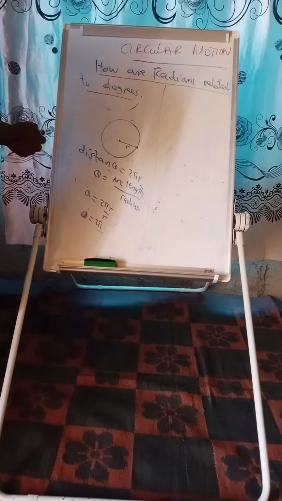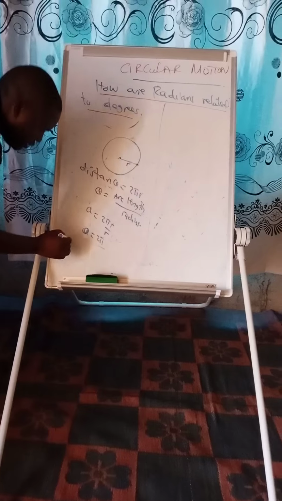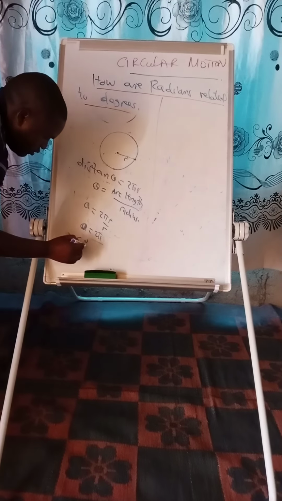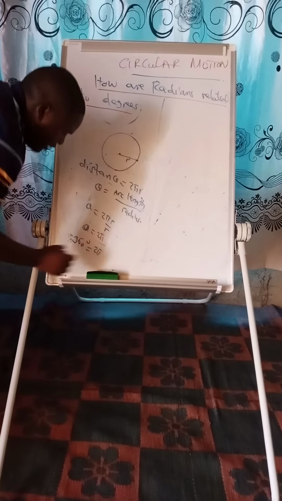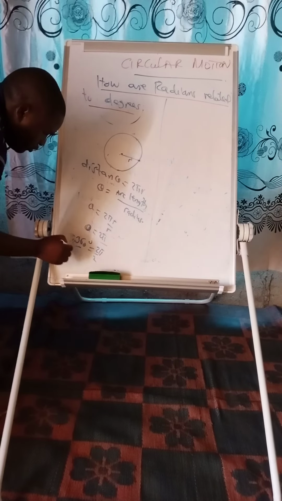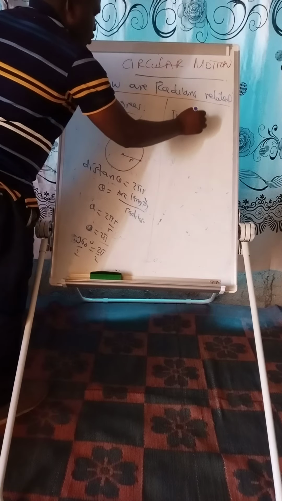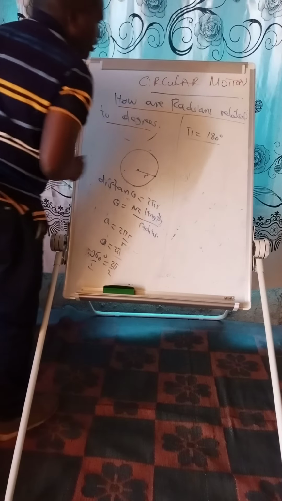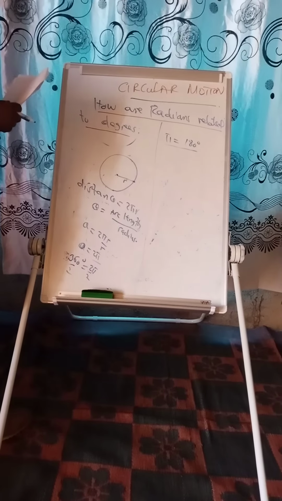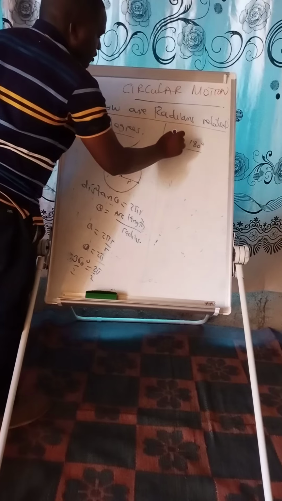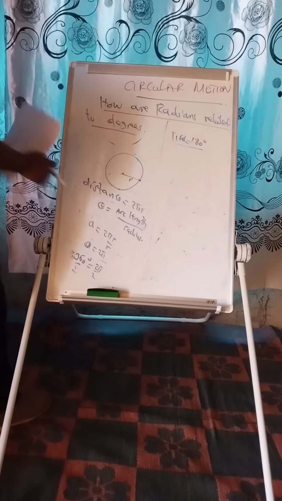But you know that a complete circle has 360 degrees, which will be equal to 2 pi. Now our pi will be equal to 180 degrees. 180 degrees is pi radians.